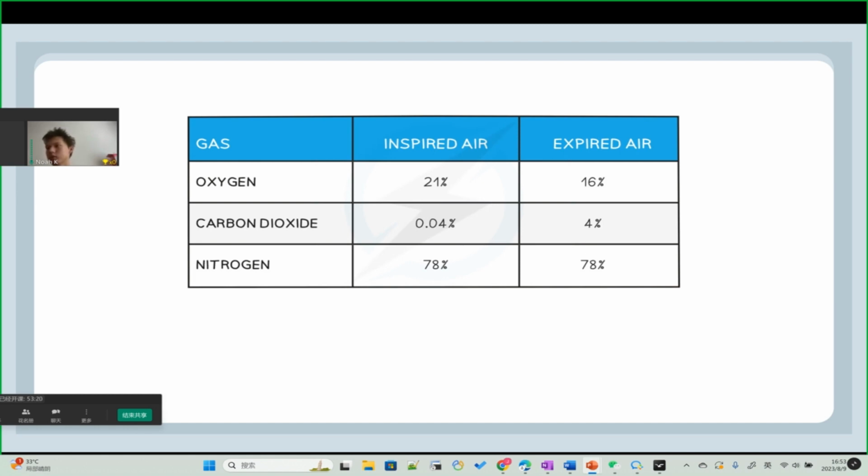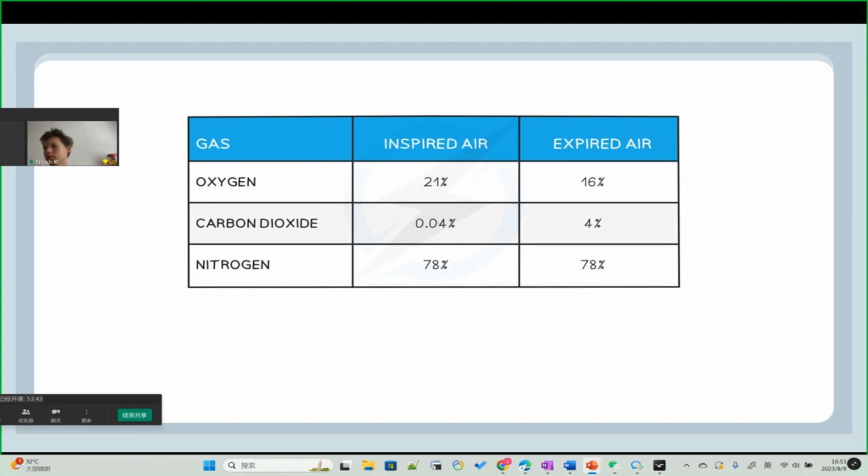So aerobic respiration uses oxygen, uses carbon dioxide as a product, I think, which then is expired in higher quantities. Mm-hmm.